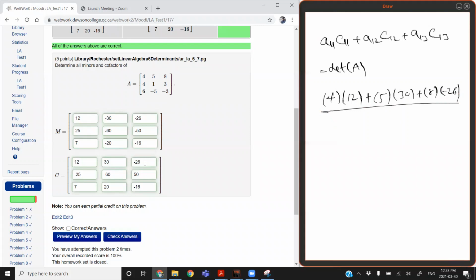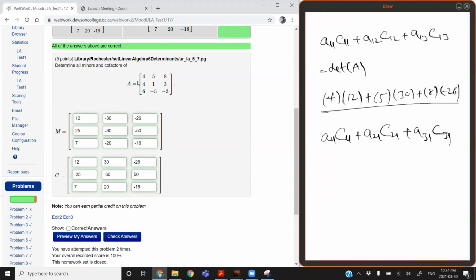Or if I expand the cofactor along the first column, that is, if I do A11 C11 plus A21 C21 plus A31 C31, that will also give me the determinant.